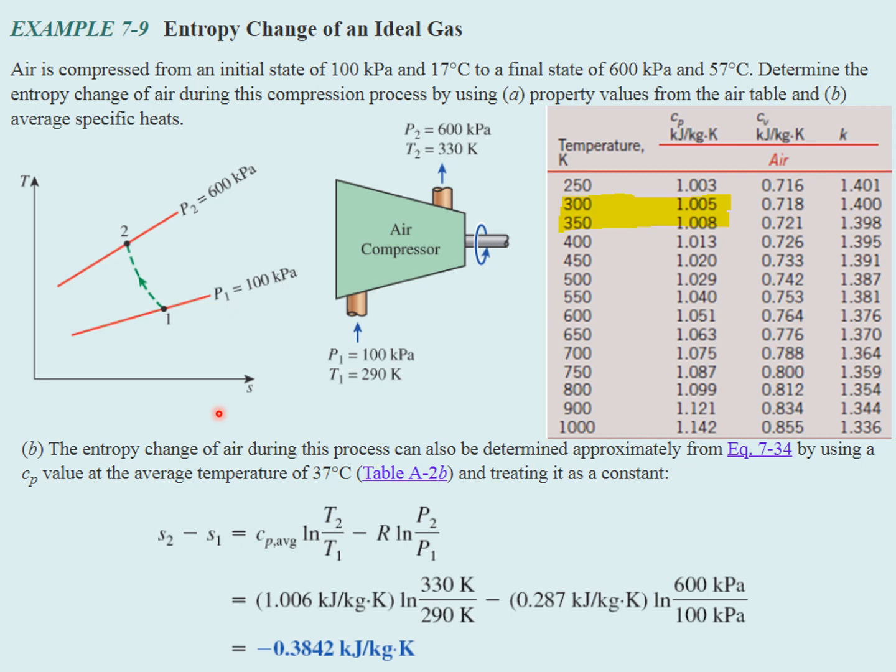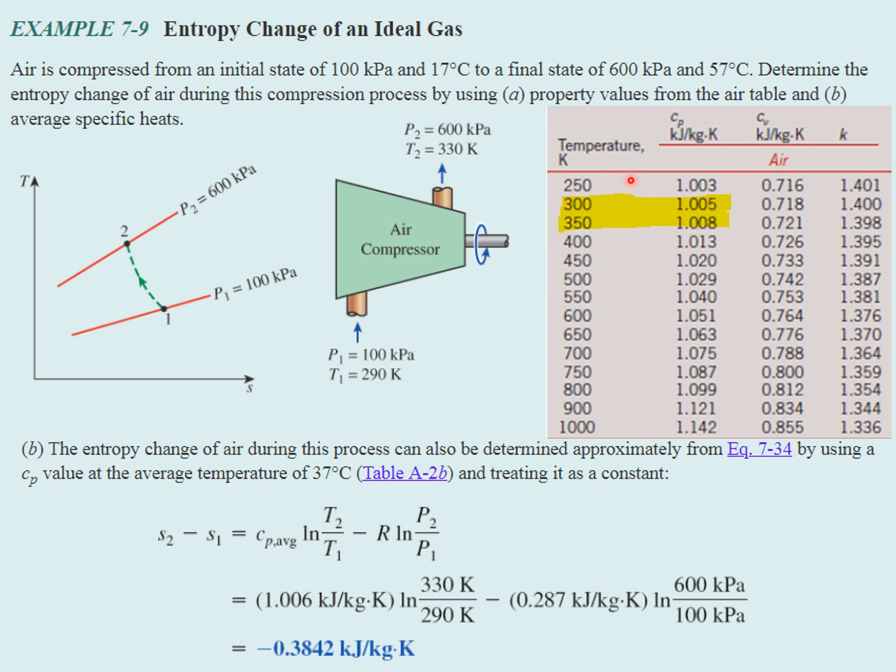For the second method, you want to use the average value for Cp. Again, you can approximate this using table A2B, which I've cut here and showed you what it looks like. There's not a value for 290 Kelvin, so we're going to use 300. And there's not a value for 330, so we're going to use 350.